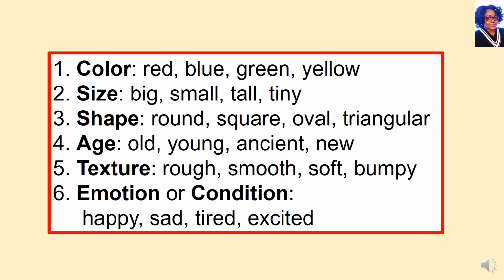Number 4, age. Examples are old, young, ancient, new. Number 5, texture. Examples are rough, smooth, soft, bumpy. Number 6, emotion or condition. Examples are happy, sad, tired, excited.